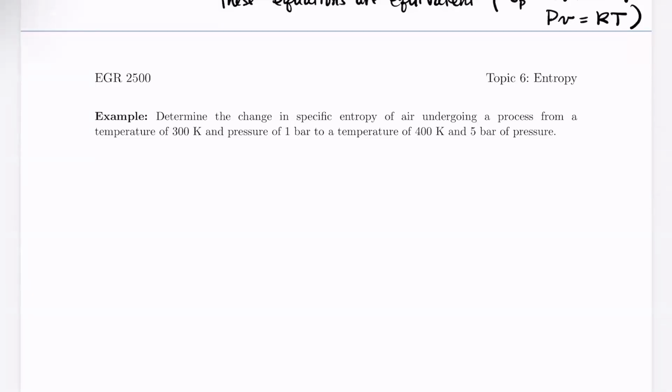In this example, we want to determine the change in specific entropy of air undergoing a process from a temperature of 300 K and a pressure of 1 bar to a temperature of 400 K and 5 bar of pressure. So we have state 1: T1 is 300 K and P1 is 1 bar.